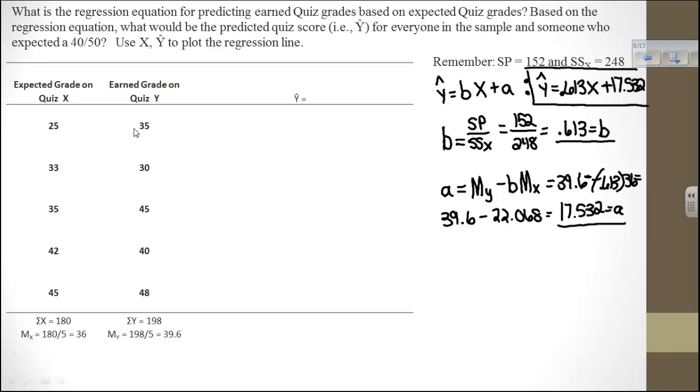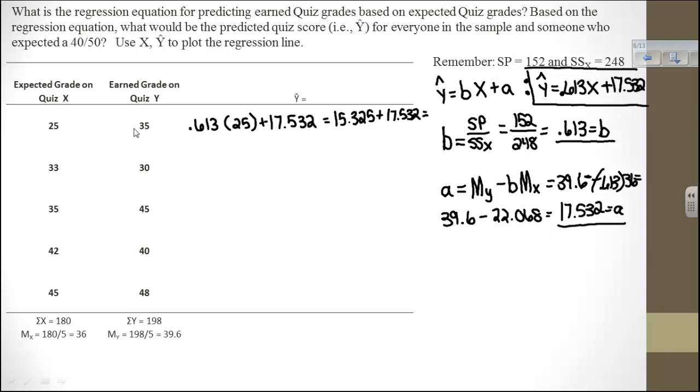So Y hat equals 0.613 times 25 plus 17.532. 0.613 times 25 gives you 15.325, plus 17.532.